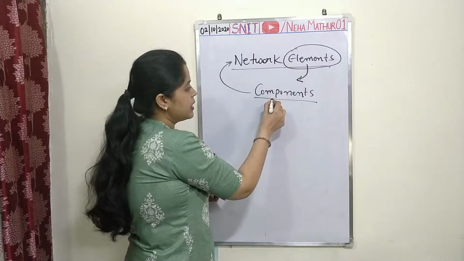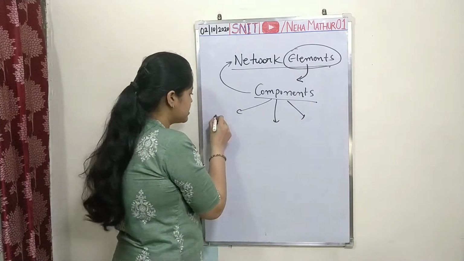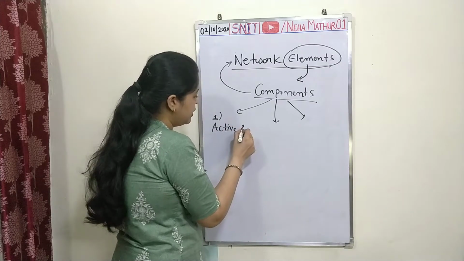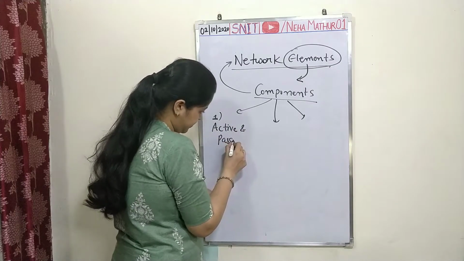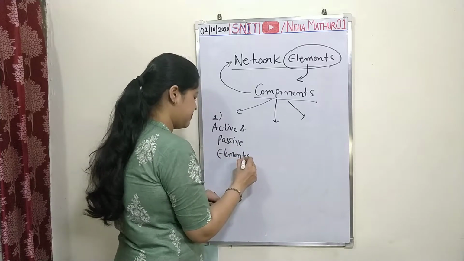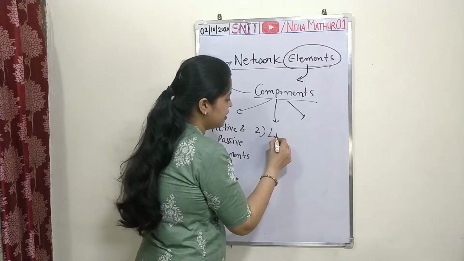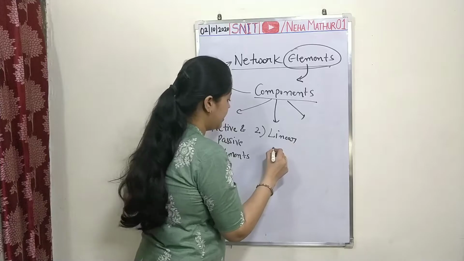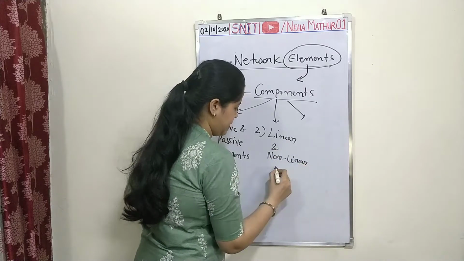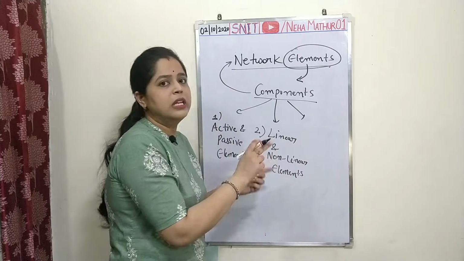Basically, network elements are categorized into three categories. The first category is active and passive elements. The second category is linear and non-linear elements.